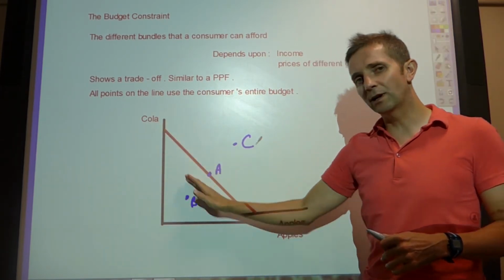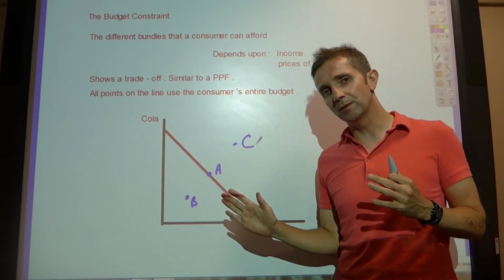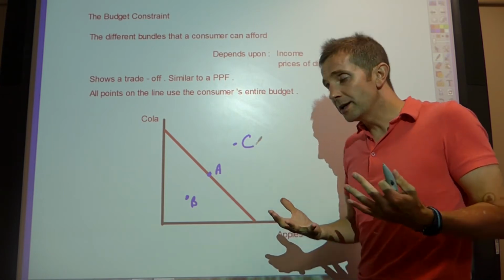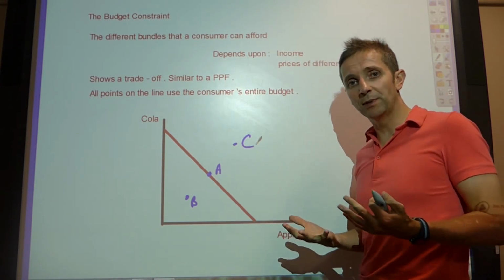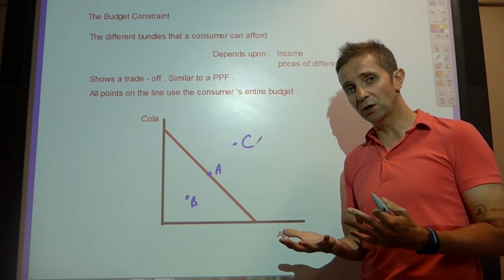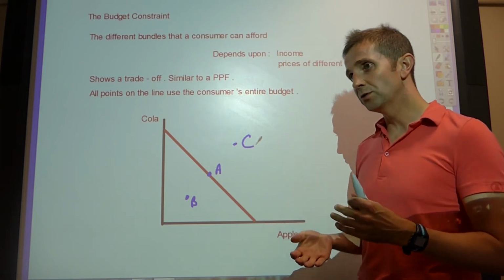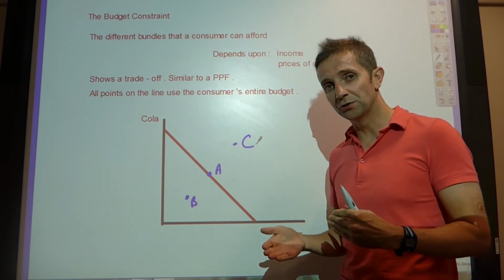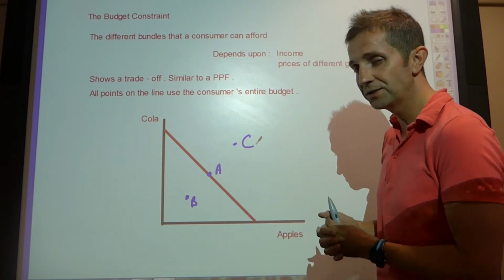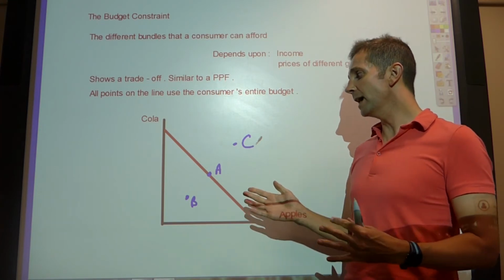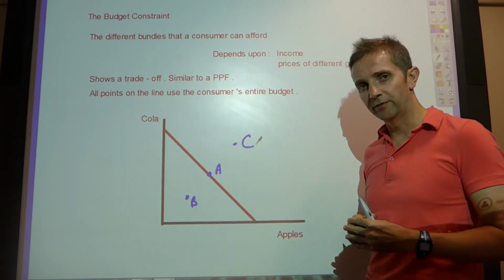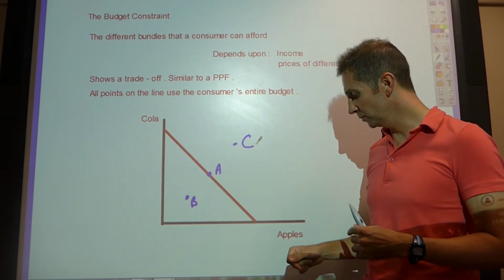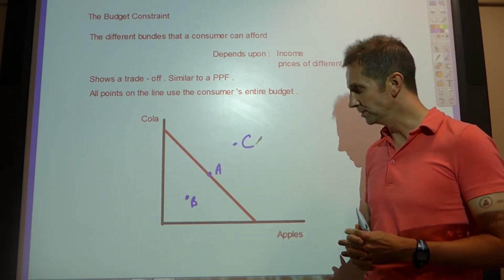You could think of it in a very similar way to AS microeconomics, when you were looking at production possibility frontiers, whereby in order to consume more of one particular good, there's an opportunity cost involved and you have to sacrifice and give up. In the same way here, there is a trade-off. If you want more apples, you've got to give up cola. If you want more cola, you've got to give up some apples.